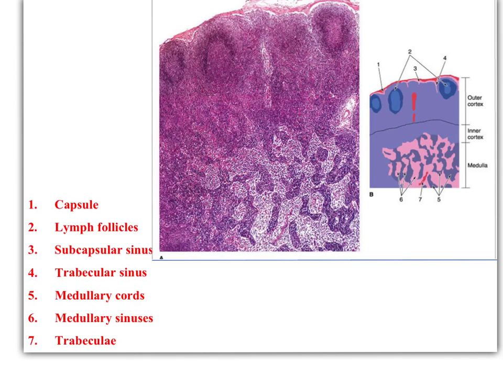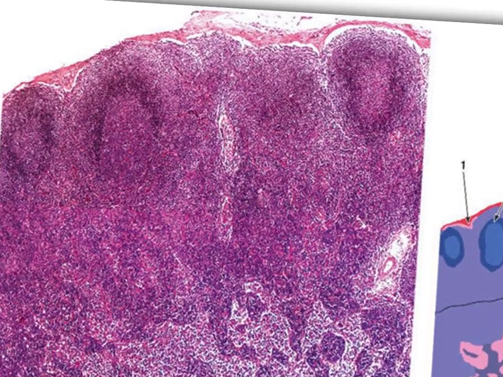Here we have also the trabecular sinus. If you look here at this trabeculum, it is a red line, and the white area around it, this whitish area, is the trabecular sinus. I will make it much bigger.